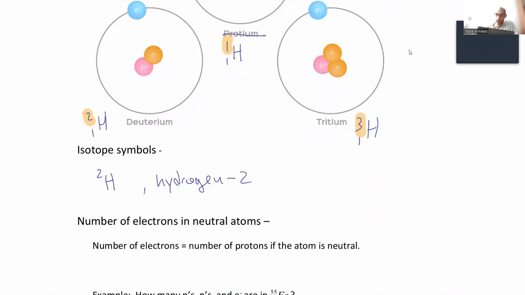If you see a number, it's always the mass, because it never, ever is the atomic number, because the atomic number, we know what it is. If it's hydrogen, I know it's 1. So that's what we're looking at. Hydrogen, you see the superscript there, 2, or we could also say H2. That's an example of hydrogen 2, or hydrogen with an atomic weight of 2, or a mass of 2.